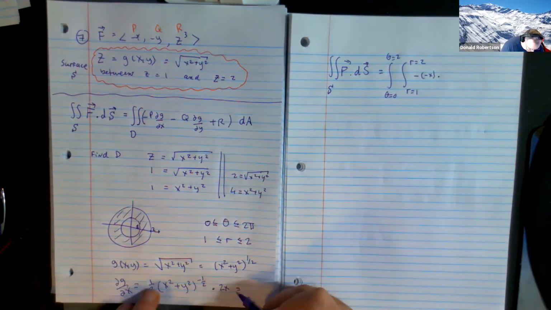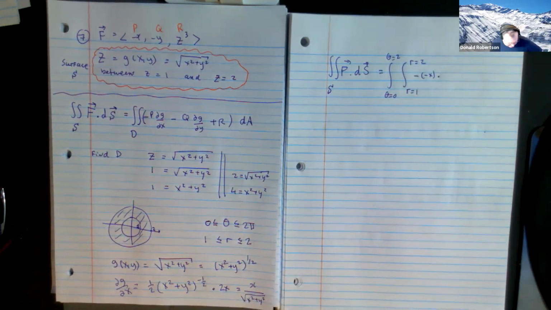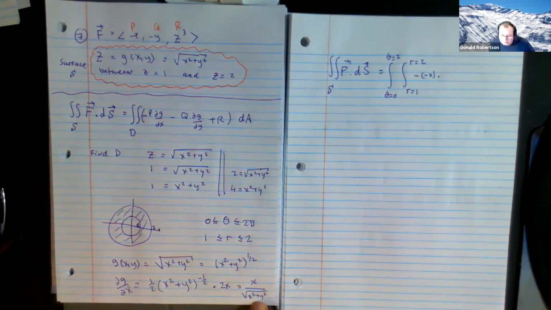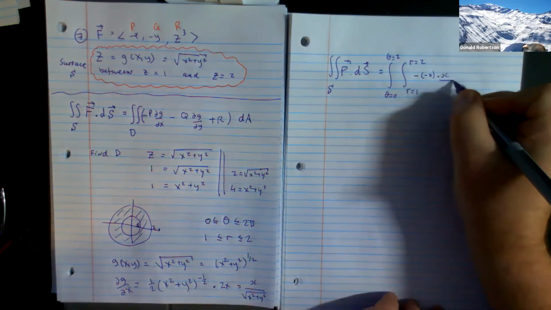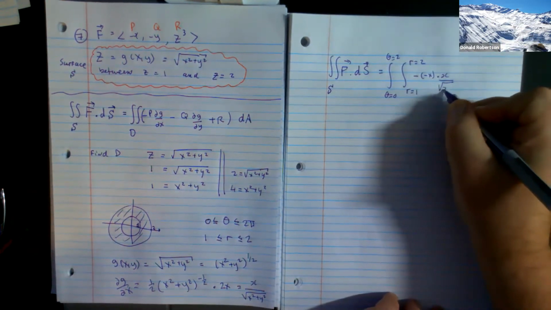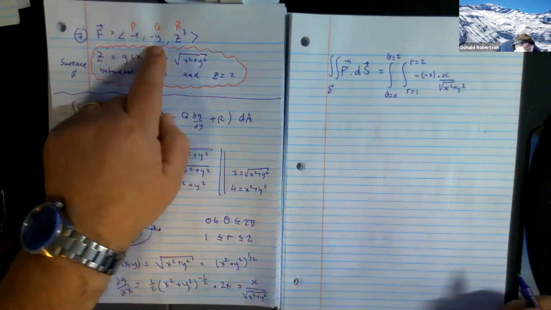The 2 and the half cancel and you get an x, and that ends up being the square root of x squared plus y squared on the bottom. We go with that. I skipped a couple of lines, but that's what you get. So this is going to be x over the square root of x squared plus y squared. That's the first one. Now we do the second one.